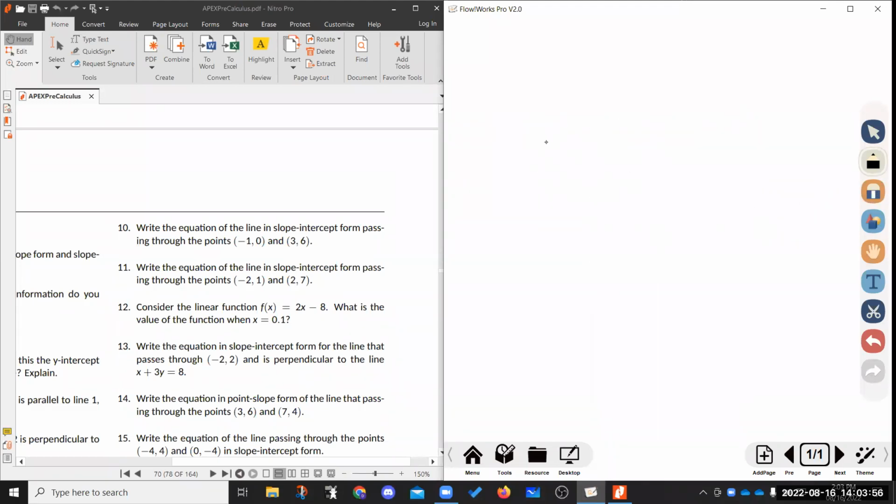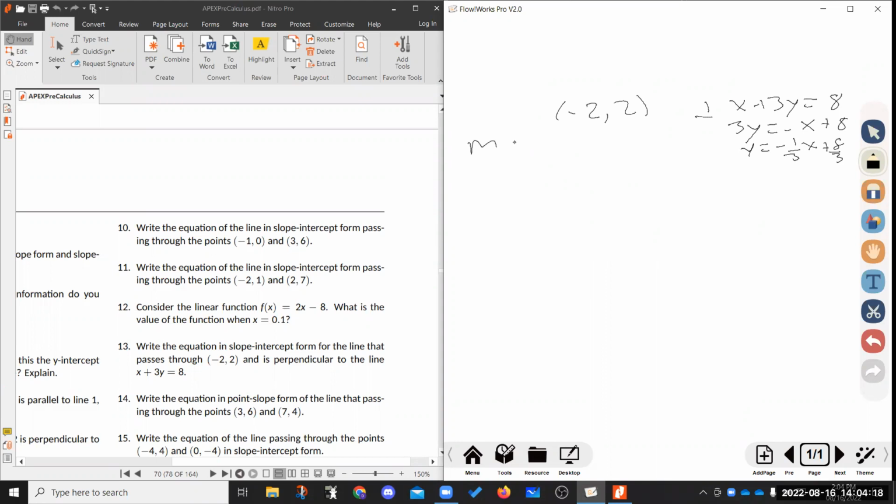What is the equation in slope-intercept form of the line that passes through (-2, 2), perpendicular to the line x plus 3y is equal to 8. 3y is equal to -x plus 8. y is equal to -1/3 x plus 8/3.